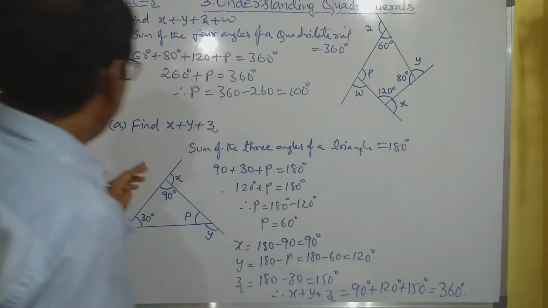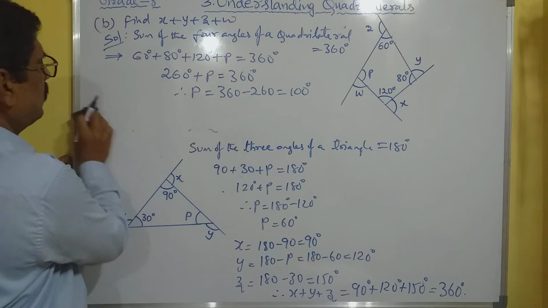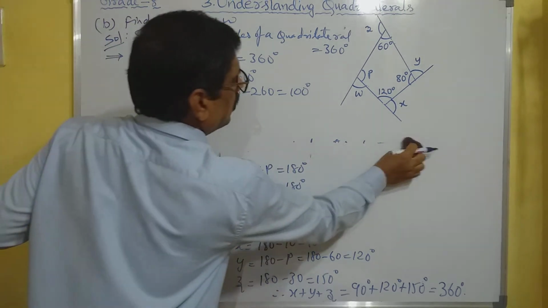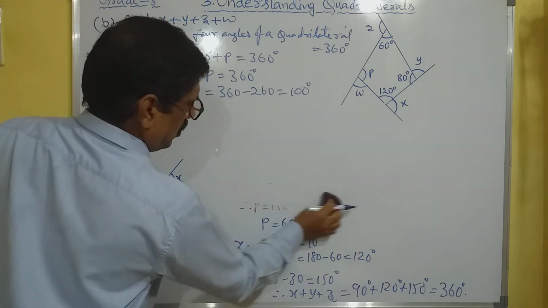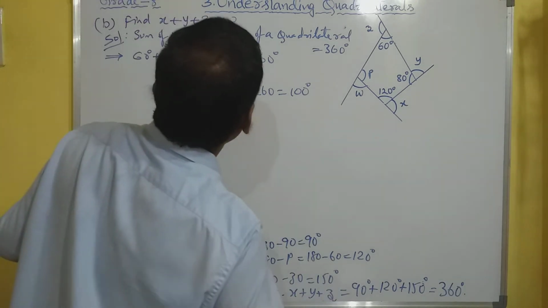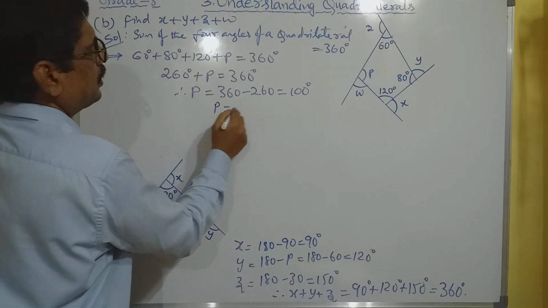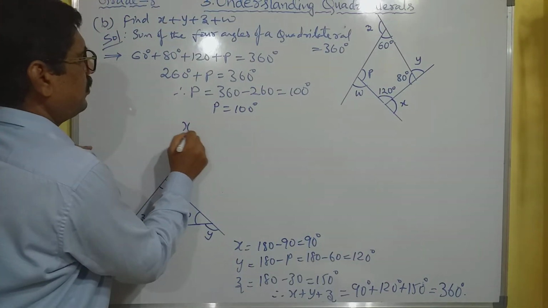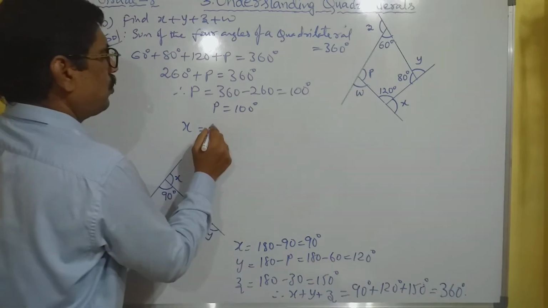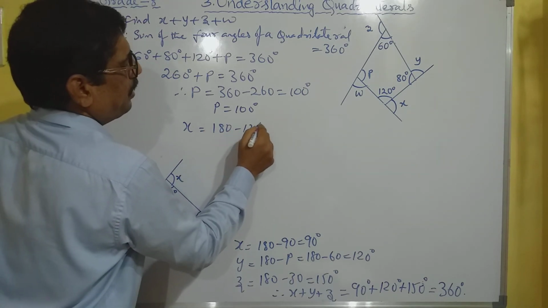Okay, now, can I erase this? Now look at this. P is equal to 100 degrees. Now see, what is the x value? x is equal to 180 minus 120. Why? Linear pair concept.